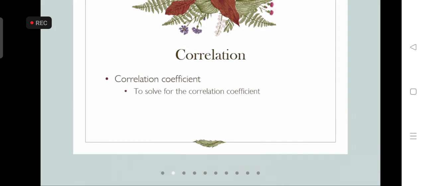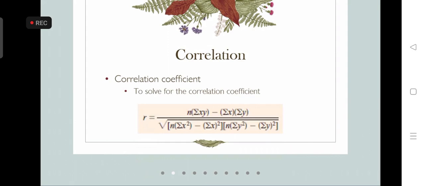So to solve for the correlation coefficient, we will use the formula of R. So R will be our correlation coefficient.